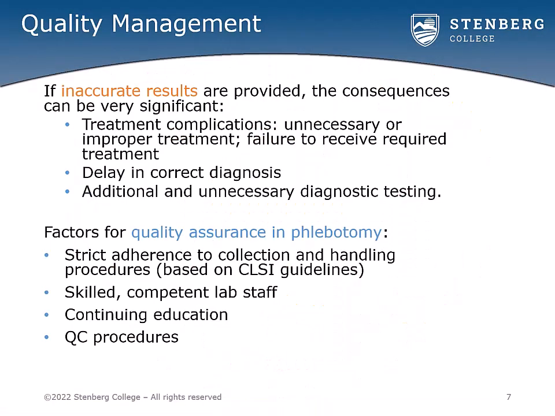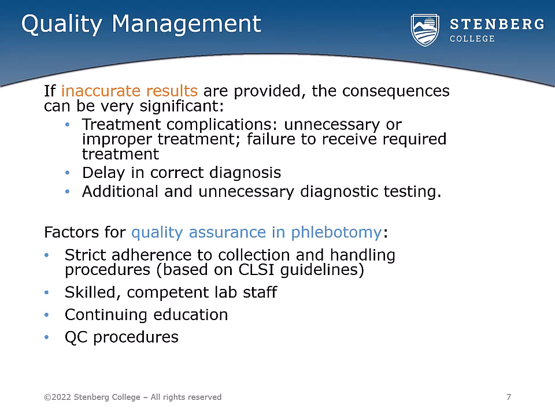It is very important that we follow the correct steps when collecting blood. If mistakes are made during the collection procedure, it can lead to inaccurate results. The consequences of collecting poor quality samples or making labeling and handling errors include some serious treatment complications, from unnecessary or inappropriate treatment to failing to provide the patient with the treatment they need.